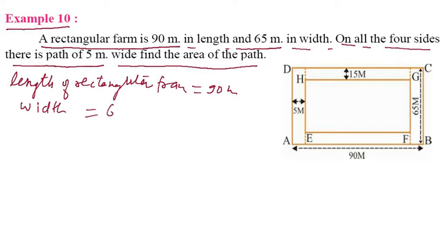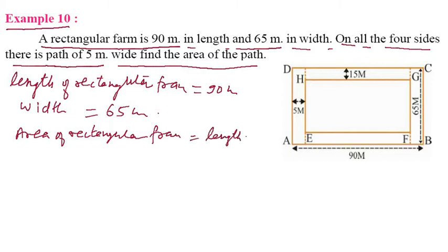So area of rectangular frame is length into width. So length is given as 90 and it is 65. So multiply this: 5 into 5 is 25... 45, carries 4. It is 5850 meters squared.